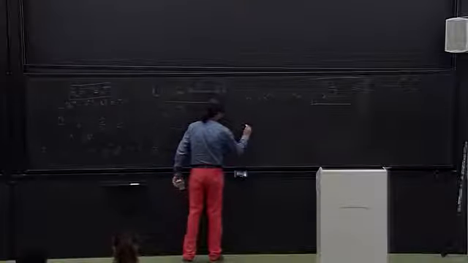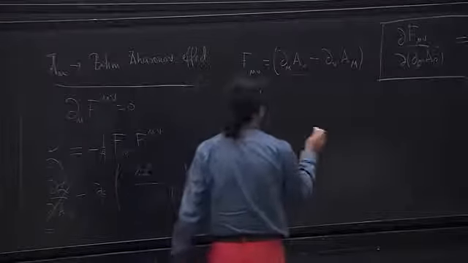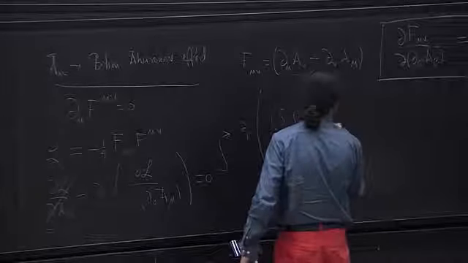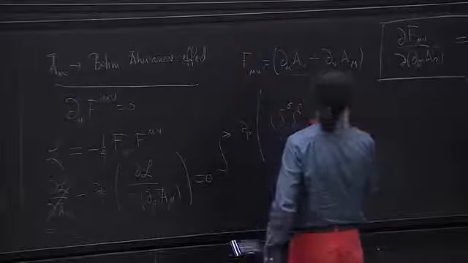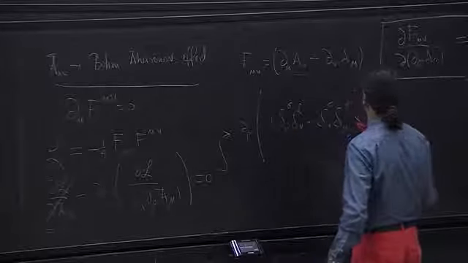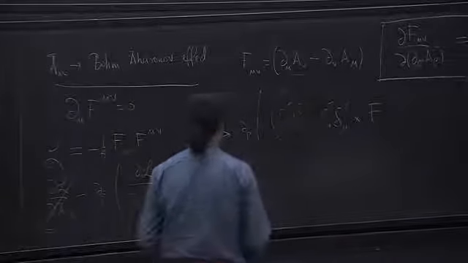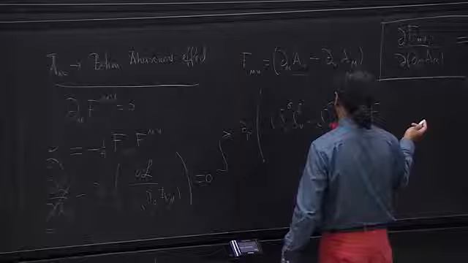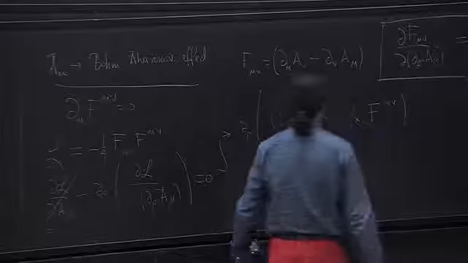So this gives you, there's this thing outside, and inside you get delta mu delta nu minus delta nu delta mu sigma rho, and you get up to some number, you get f mu nu. Right?